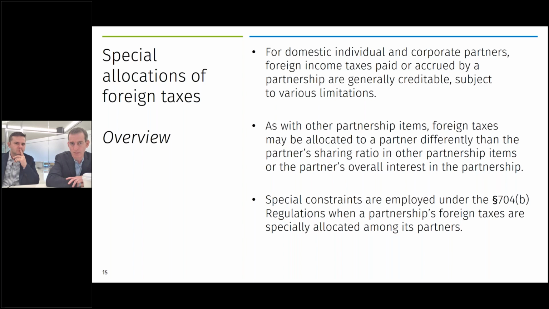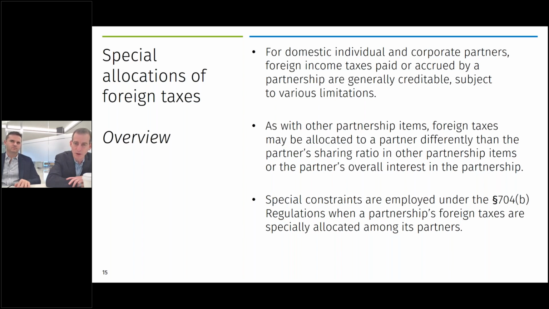And so the allocation of tax credits, foreign taxes as well, is based on the general partner's interest in the partnership concept, which is just a facts and circumstances look at the overall economics of the situation, making sure that the tax is not driving the economic dog's tail.